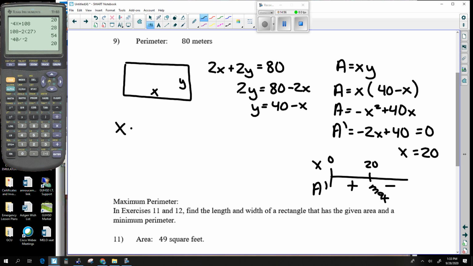So x in this specific case is 20. So is y.